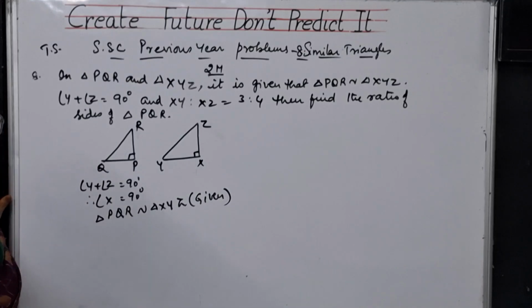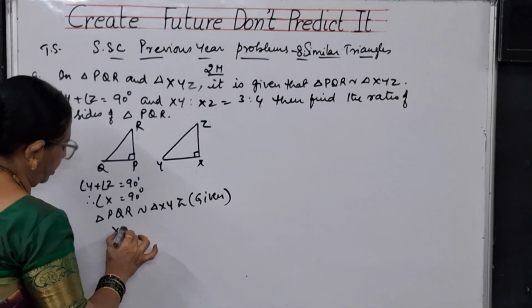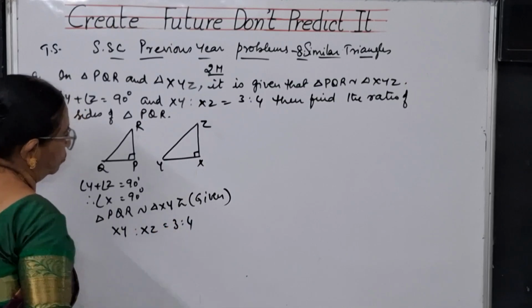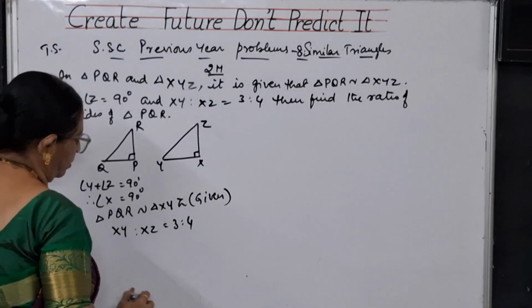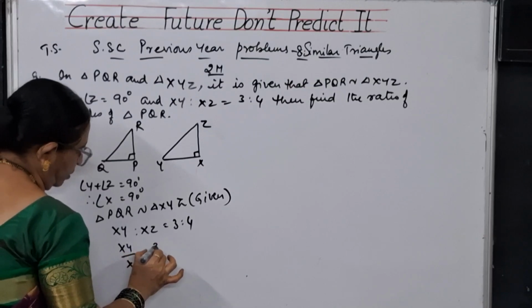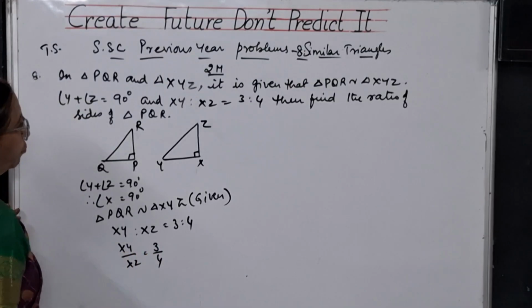Now what did they give? XY is to XZ is equal to 3 is to 4. That means XY by XZ is equal to 3 by 4.